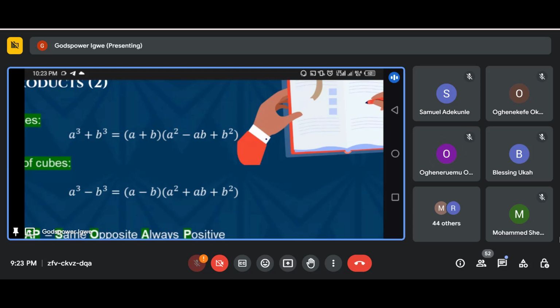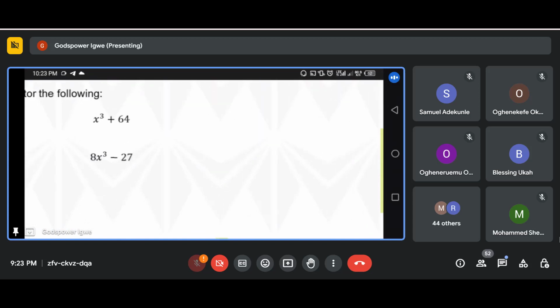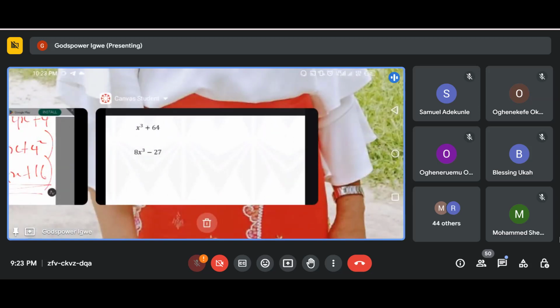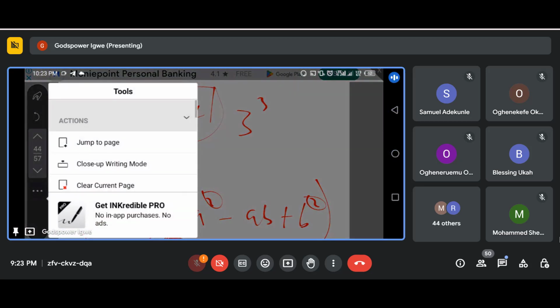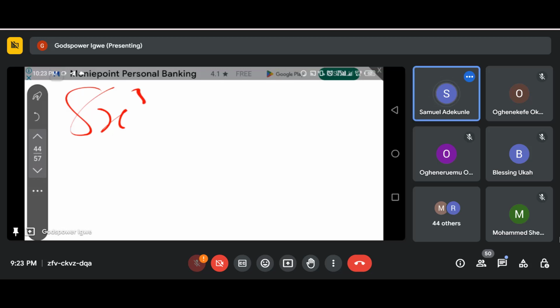Now we want to do this other part that they say a cubed minus b cubed. The answer will look as a minus b, and it's going to be a squared plus ab plus b squared. So check this question now. This particular 8x cubed minus 27. We want to use the second formula that they gave us. 8x cubed minus 27.